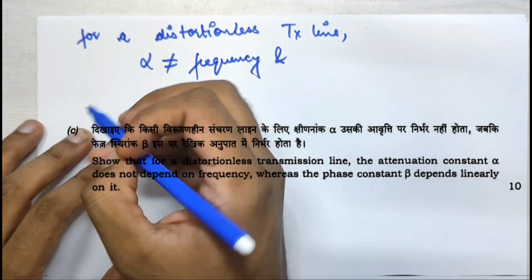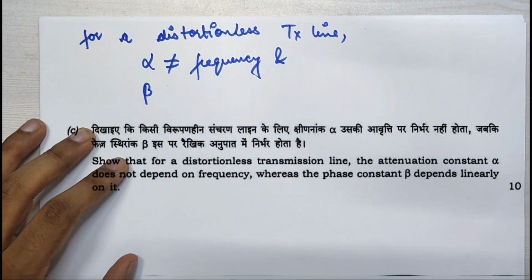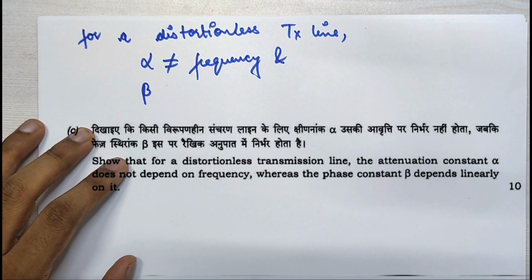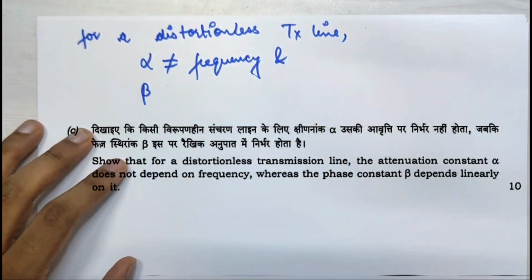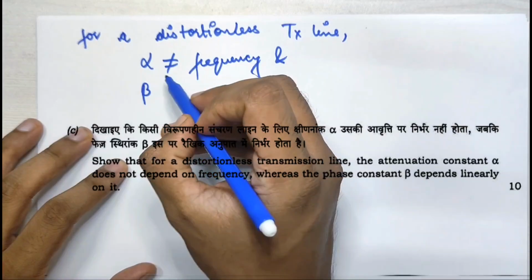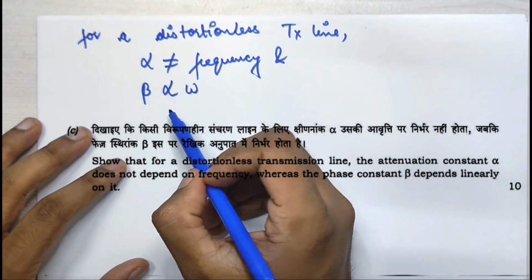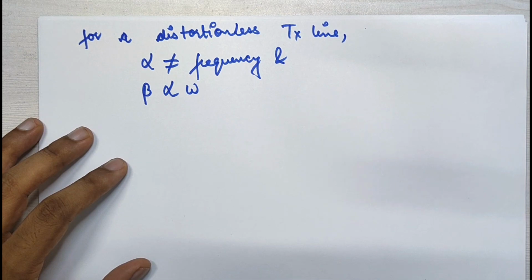And the second thing is beta, which is called the phase constant. Alpha is attenuation constant, beta is called phase constant. Phase constant beta depends linearly on frequency. So this is the linear form of the equation.